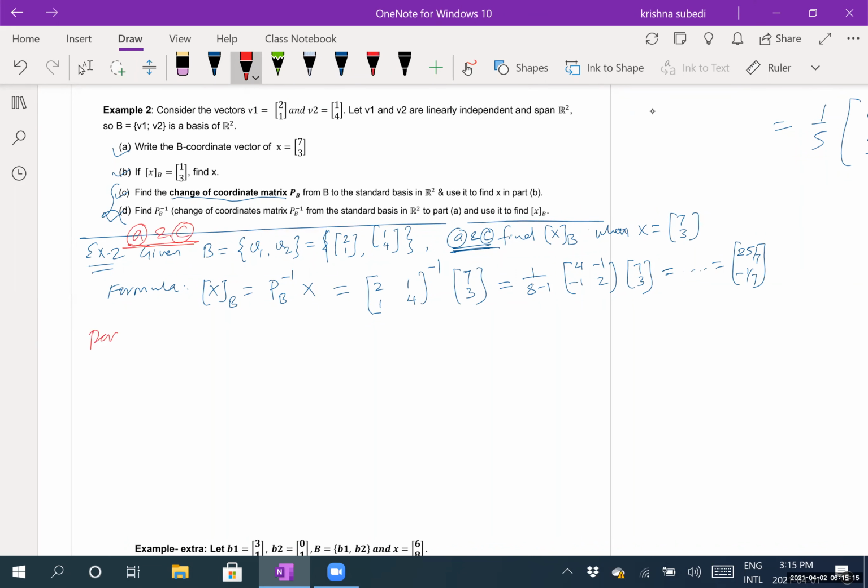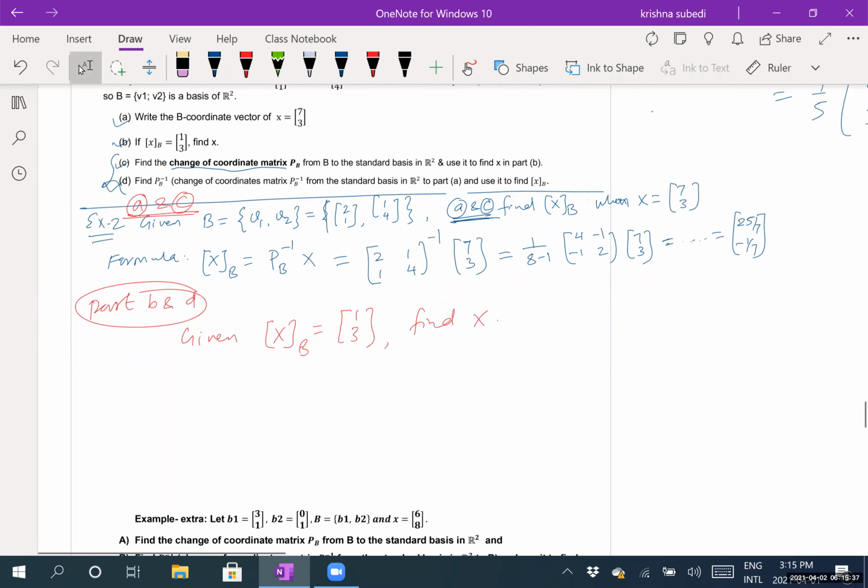Now part B and D. What is given here is the B coordinate of X, which is 1 and 3, and find X. So we know the formula, right?